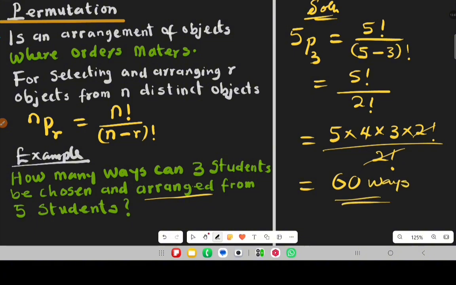So we have 60 ways that 3 students can be chosen and arranged from 5 students.